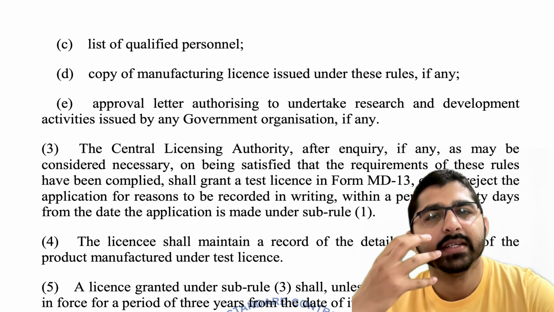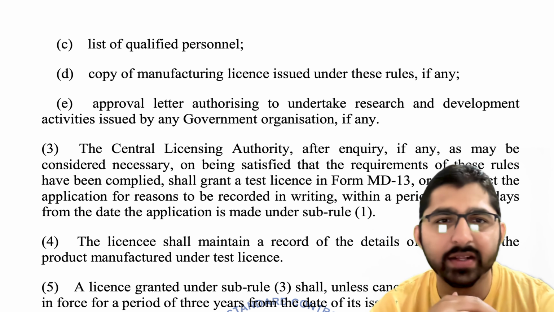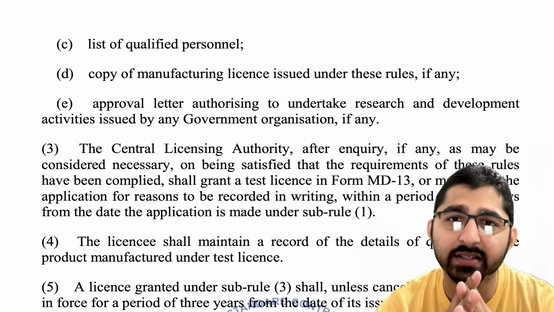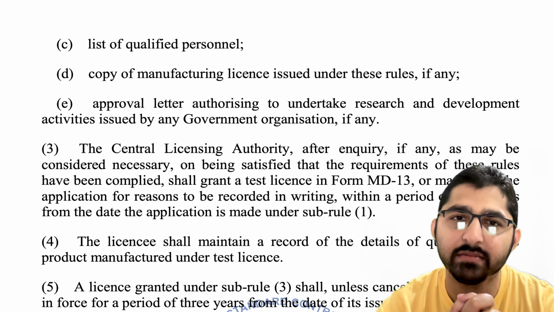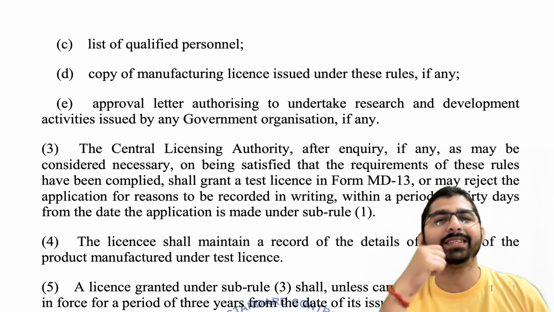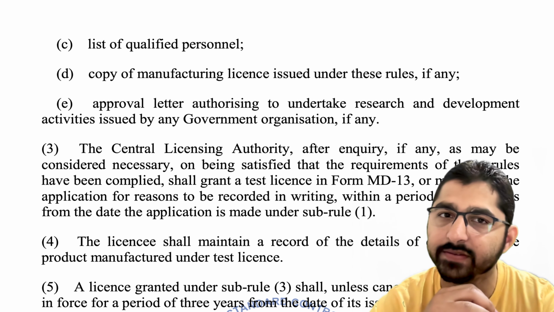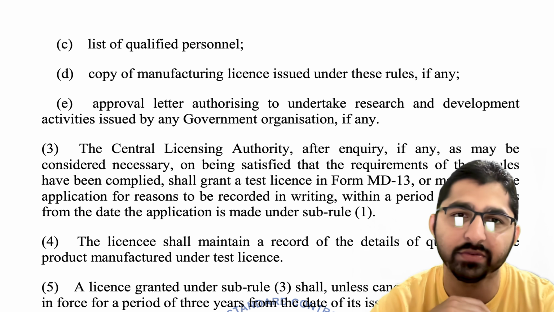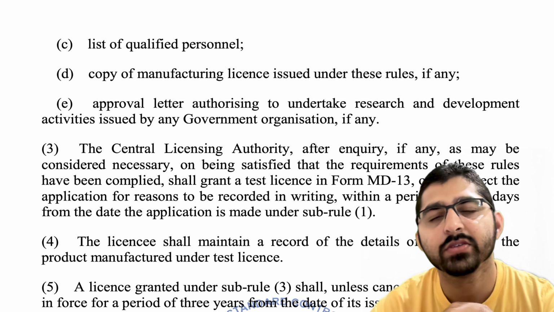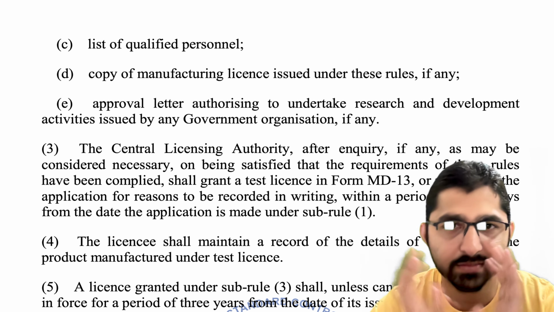Now, the CLA, after an inquiry if any as may be considered necessary to be satisfied that the requirements of these rules have been complied with, will grant the test license in Form MD13 or may reject it within a period of 30 days from the date of application made under sub-rule 1. I hope this is very easy and understandable.